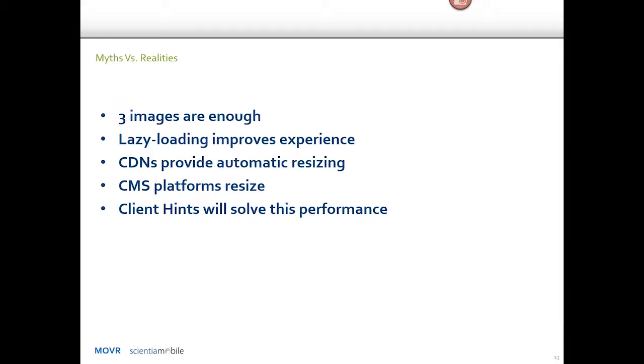Yeah, that's great. I think some people assume that CDNs provide automatic resizing, and some people aren't too clear on it. But in general, what we see is that CDNs might have some resizing approaches, but they tend to be automatic in the sense that you give it one large image and it'll generate 40, 50 different dimensions.